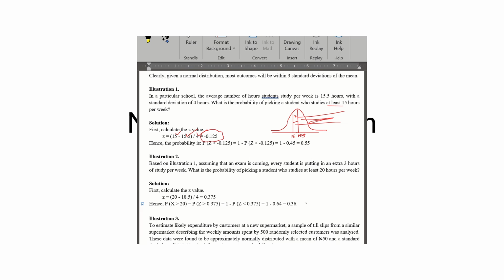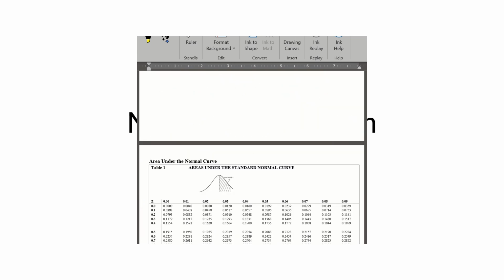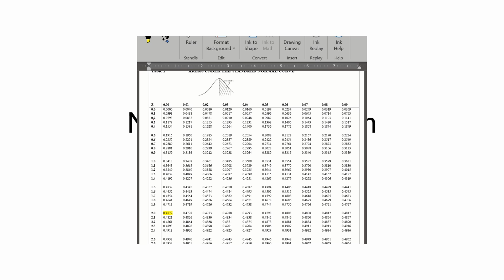Going down to the table, let's check this in the table. We go to the table, you say minus 1.2 under 0.005. This is 0.1, 0.12.